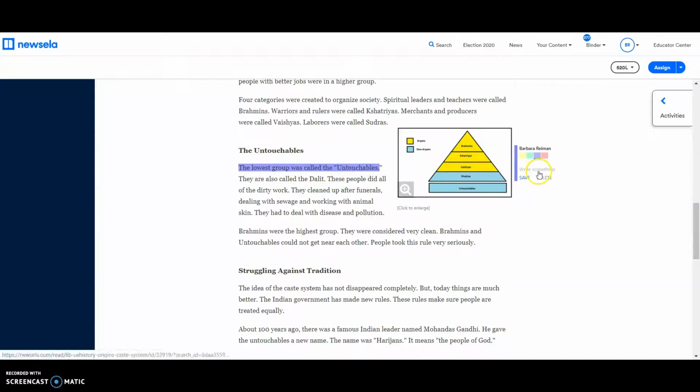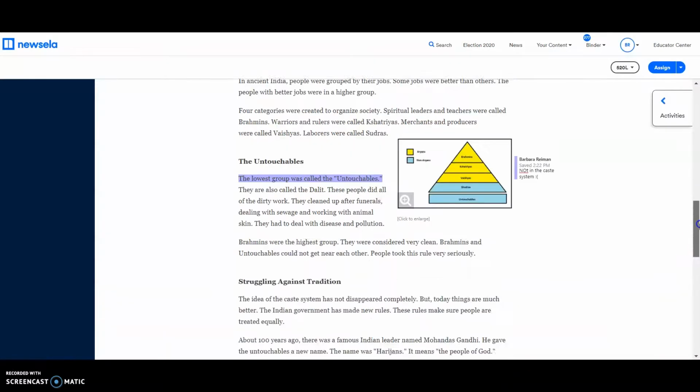You can highlight it and then write something here like, sorry, in the caste system. Sad face. Okay, so you can highlight anything you want there. You can write on the side here just to remind you information as you read.